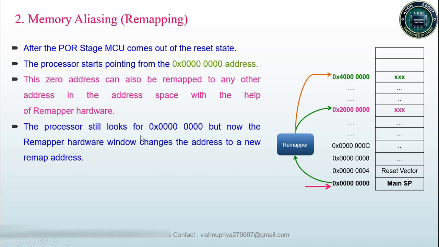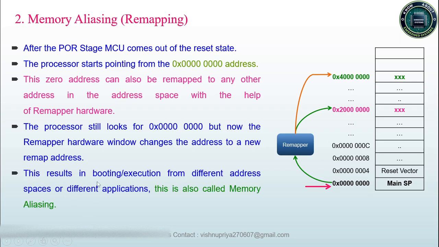The processor still looks at 0x00, but now the remapper hardware has a window that can change the starting address of your booting. By default it will be 0, but it is also possible to change it to any other memory location. This results in booting or execution from a different address space for a different application.